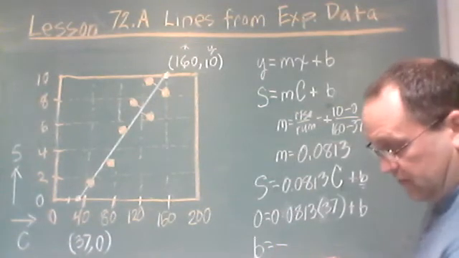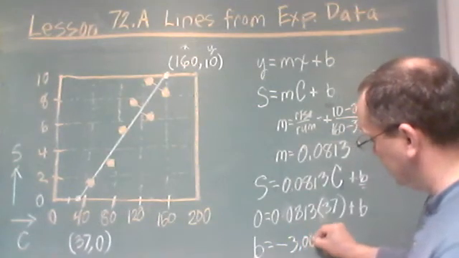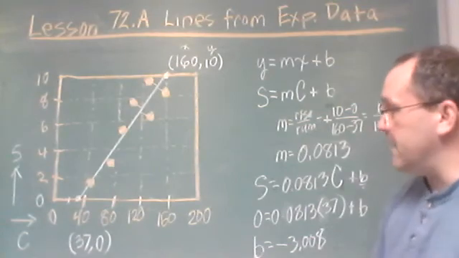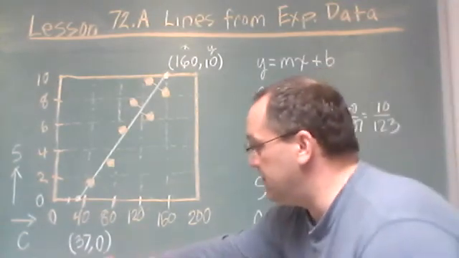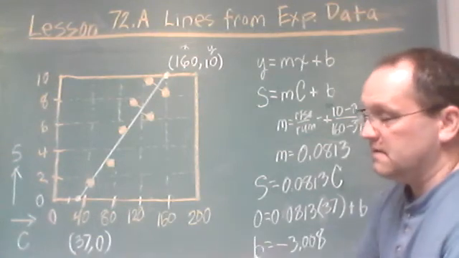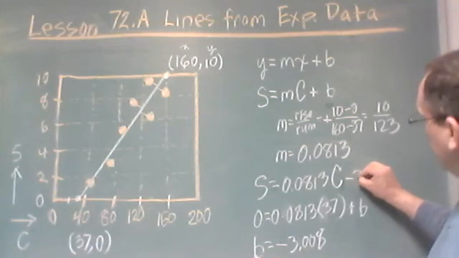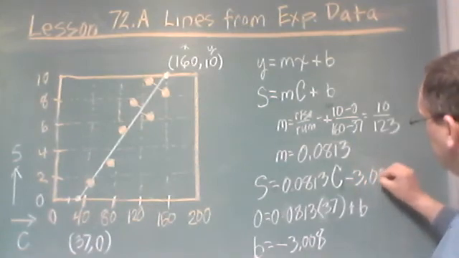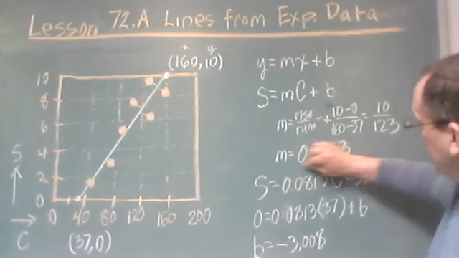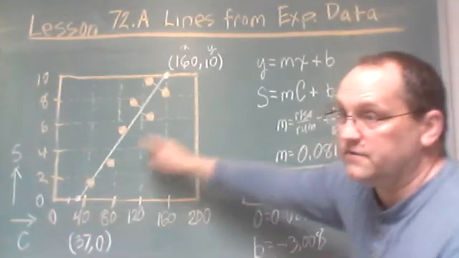When I do it on my calculator, it came out to 3.008. So I take that value for B. That is now my intercept, minus 3.008. Okay, that is the equation that I would use for that line I drew in.